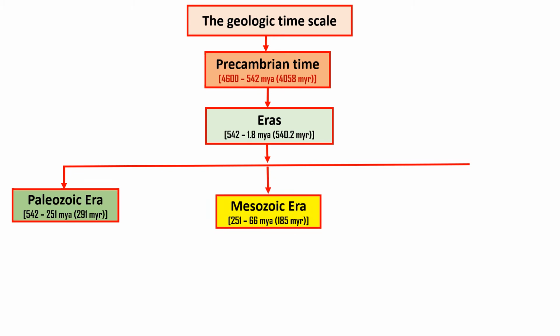Mesozoic era, 251 million years ago to 66 million years ago. Its time duration is around 185 million years. Cenozoic era, 66 million years ago to 1.8 million years ago. It is around 64.2 million years.